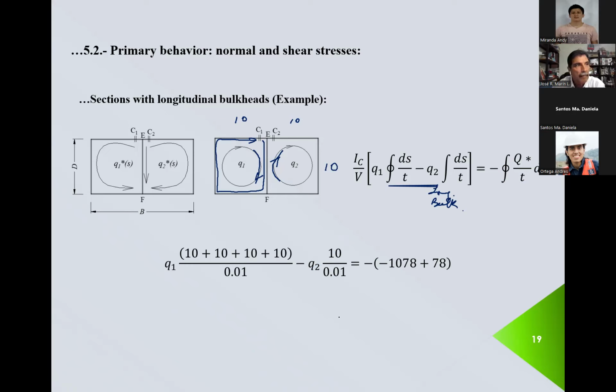Doctor, but here we have two Q stars at cell 1 and at cell 2. Yeah, because you can calculate the Q star in this cell, and then you have a different Q star in this cell. Q star here is like this, like this, like this.